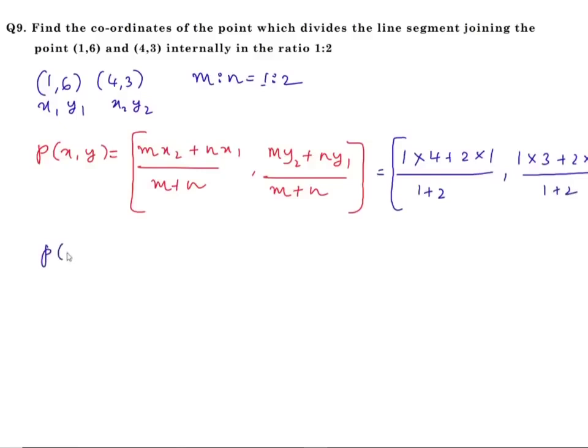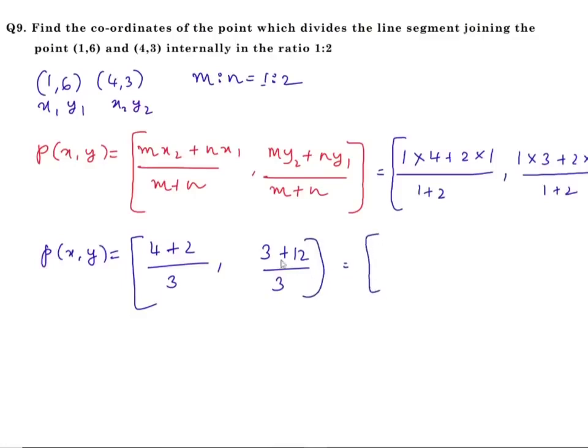P of x comma y equals 1 into 4 is 4, 2 into 1 is 2, whole divided by 1 plus 2 is 3; and 1 into 3 is 3, plus 2 into 6 is 12, divided by 1 plus 2 is 3. 4 plus 2 is 6 by 3, comma 3 plus 12 is 15 by 3.